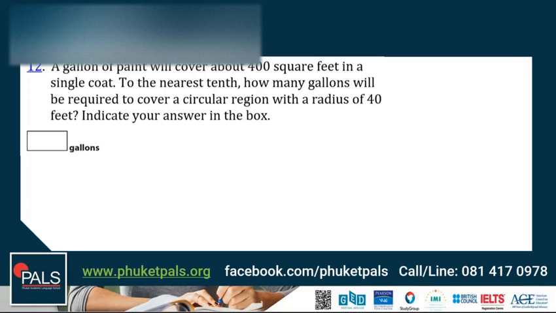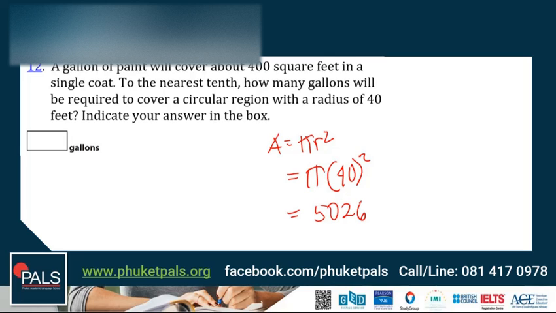So using the circle formula, area is equal to pi r squared. We've got pi times 40 squared is equal to 5,026.55 square feet.